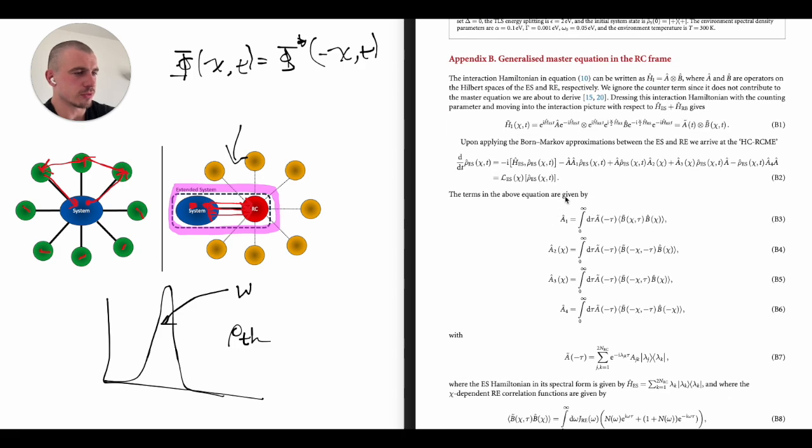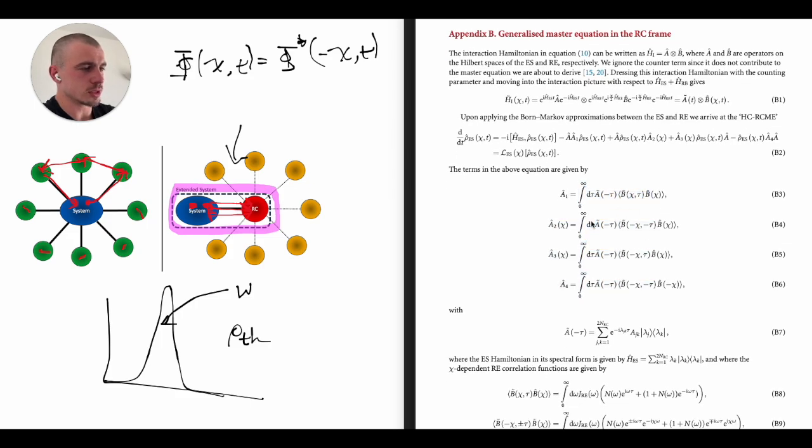And it has this nice form. We've got a coherent part of the dynamics, and then we just have these different rate operators acting on our extended system generalized density operator.